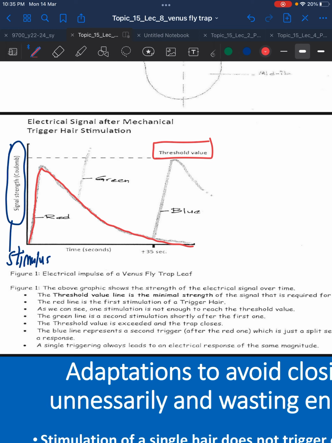But then if a second hair is deflected, the green line here is the second signal shortly after the first one. This is less than 30 seconds, and that's when you see it exceeds the threshold, and this is when the action potential will occur, spread over the lobe, and reach the hinge.